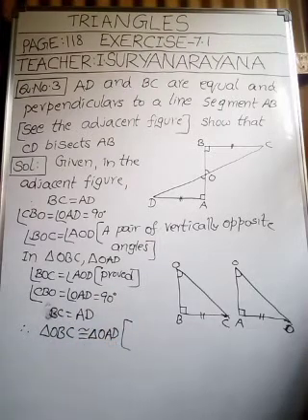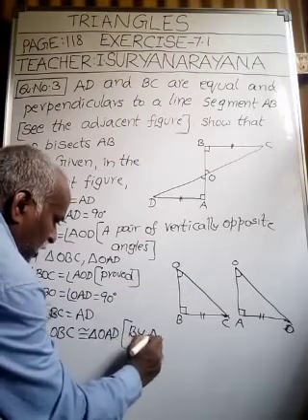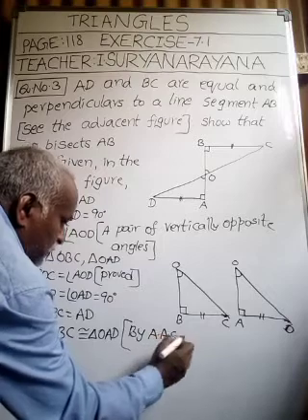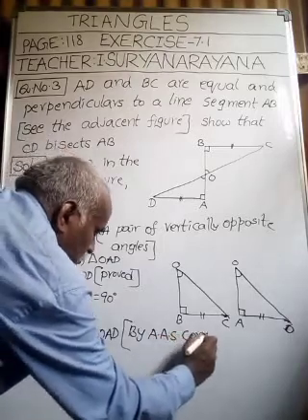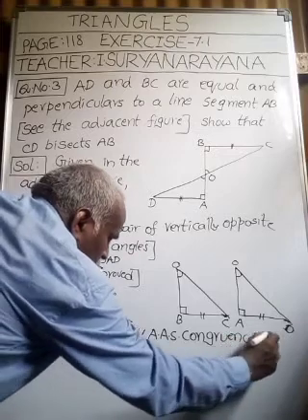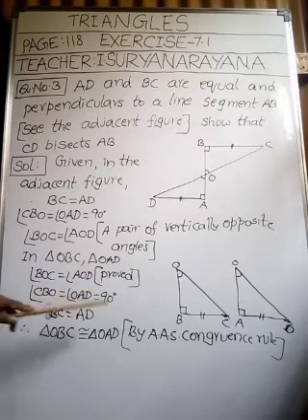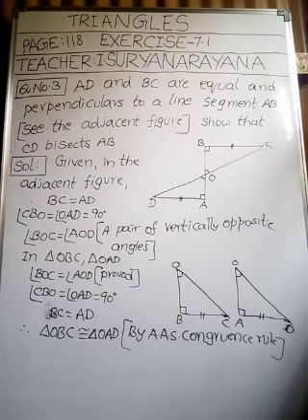By which congruent rule, my dear children? By AAS congruence rule, these two triangles are said to be congruent. Isn't it or not, my dear children? Right.